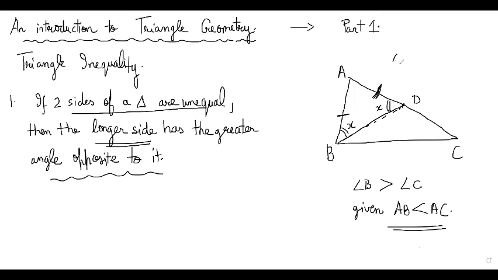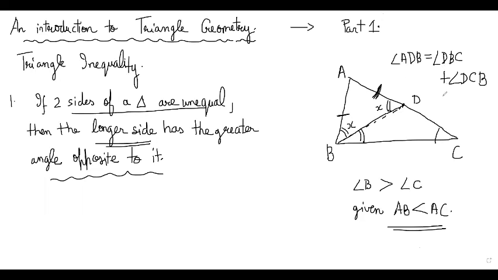So angle ADB, as the exterior angle of triangle DBC, will be equal to angle DBC plus angle DCB, right?